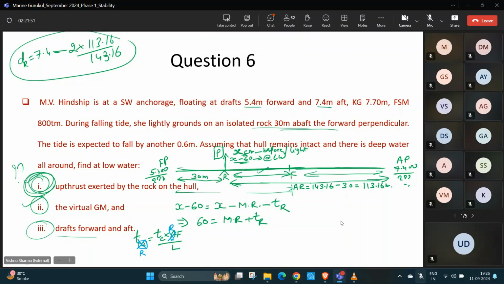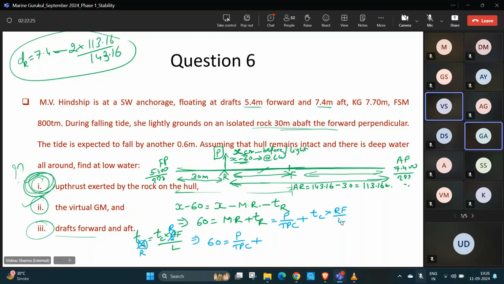Okay, because the distance will be from center of flotation. The other F is the center of flotation. So this becomes mean rise, P upon TPC, plus TR will be equal to trim cost into RF upon length. Look at the line diagram and tell me, guys, what will be the formula for trim cost?